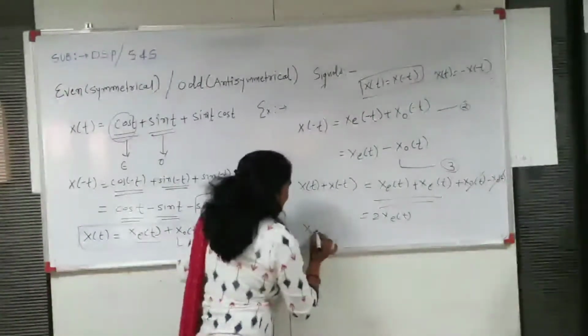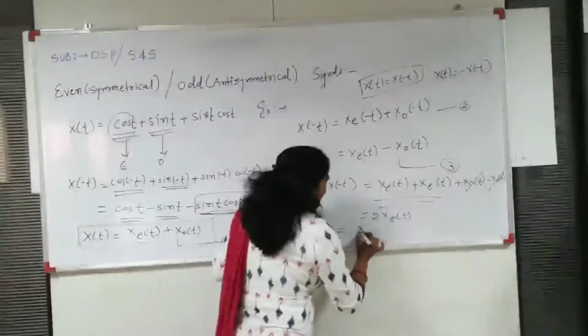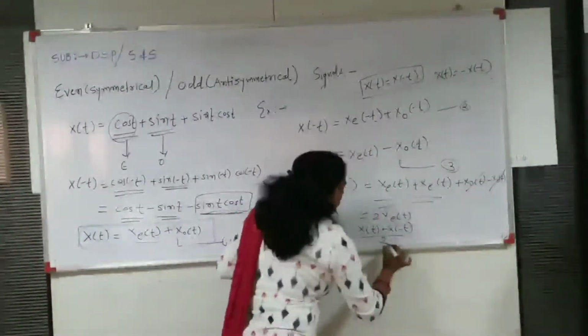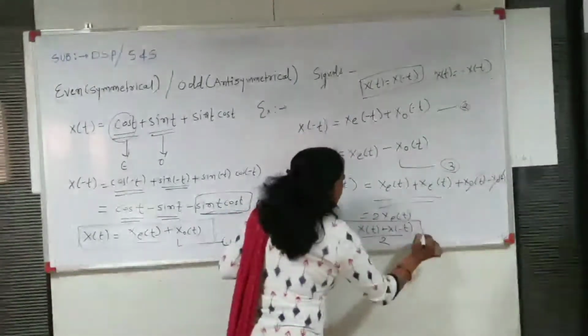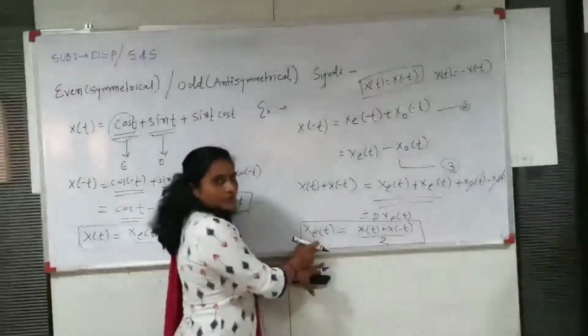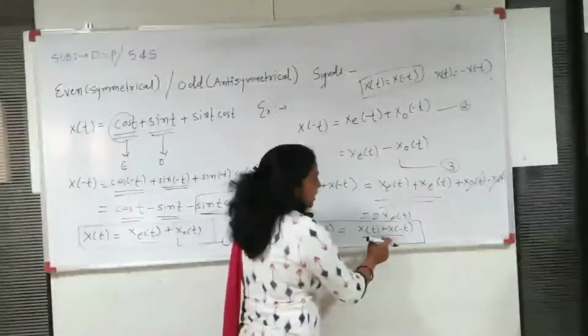From this we can say that the even component can be found as x of t plus the time reversal of the signal, divided by 2. So x even of t is equal to x of t plus x of minus t, divided by 2.